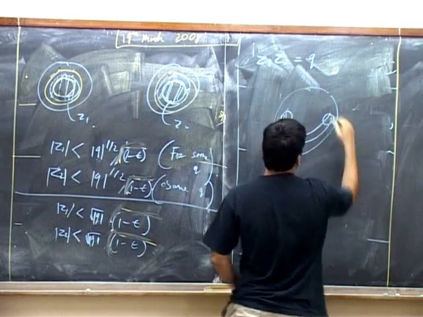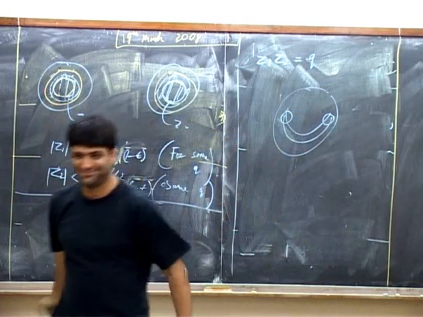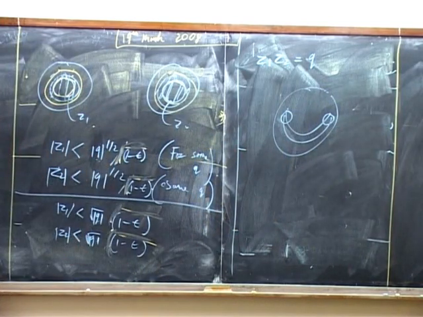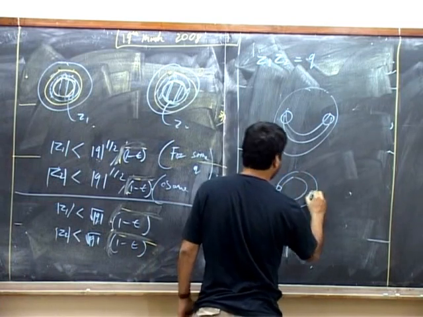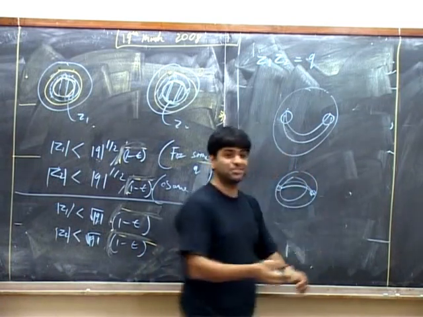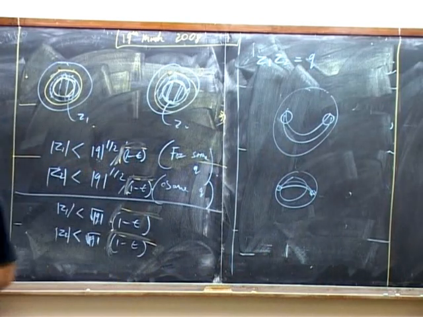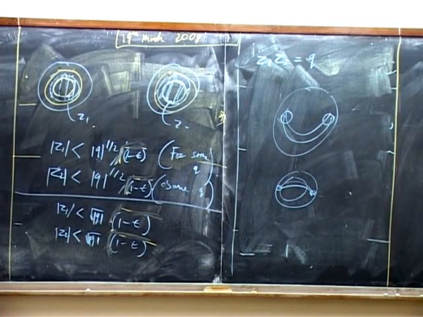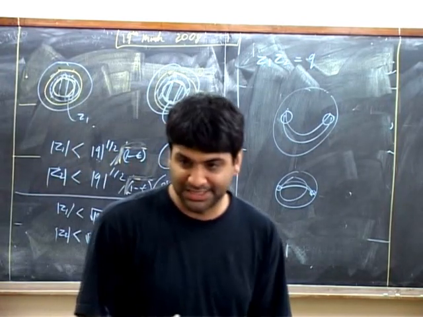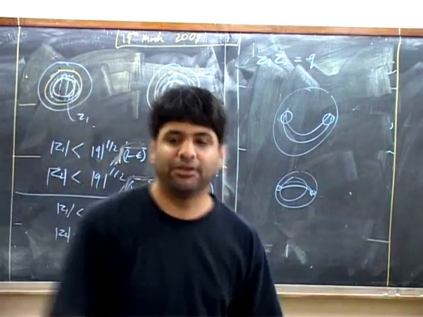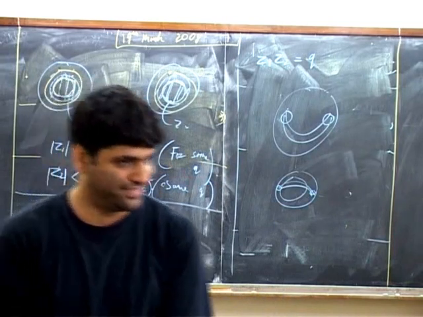We do the plumbing fixture, and that will give us the torus. If we have a torus and a patch here, we do the fixture, it will give us a genus 2 surface, and so on. So this plumbing fixture can be used to construct higher genus Riemann surfaces starting from lower genus Riemann surfaces.